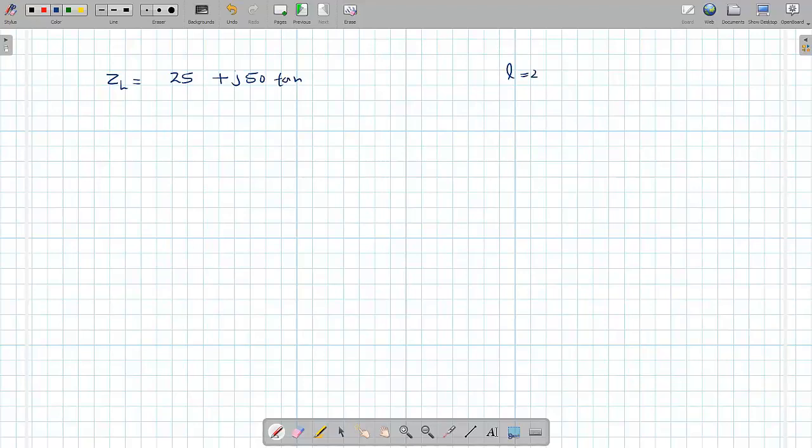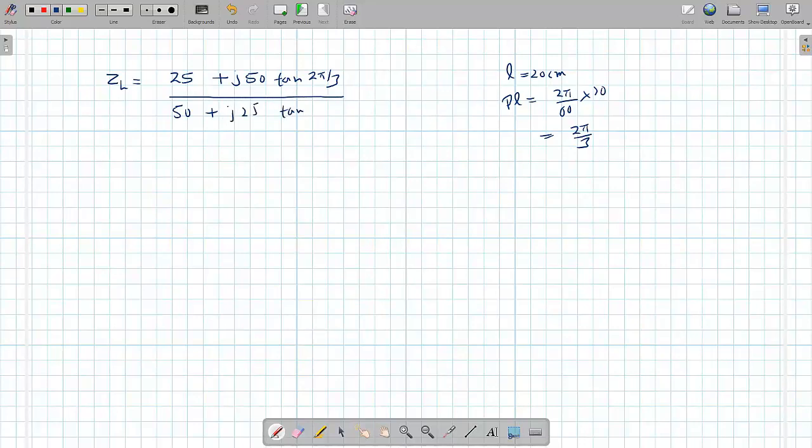Now if L equal to 20 centimeter, what is beta L? We have seen it is 2 pi by 60 into 20, which is equal to 2 pi by 3. Then 2 pi by 3 plus 50 plus j25 and 2 pi by 3.